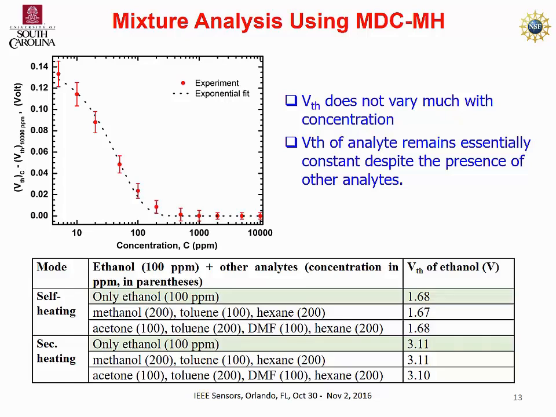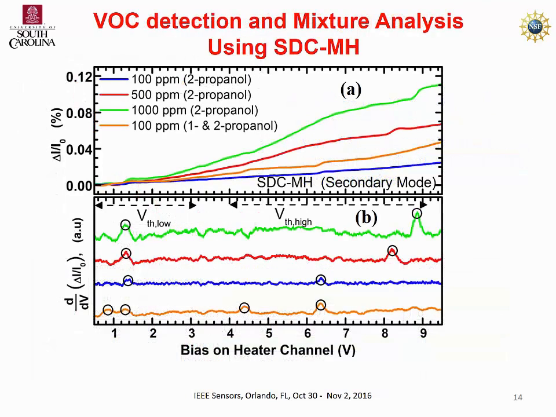Also, with concentration, threshold voltage shifts, and that's why we need to know how reliable this metric is. We see that at high concentration there is not much change, but as concentration goes down there is a shift of about 0.12 volt, which is not much, and we can reliably detect the VOCs. And this is the second type of cantilever that we have, the split tip cantilever.